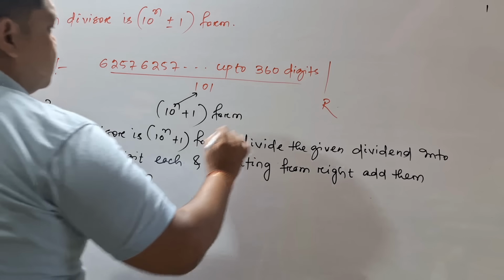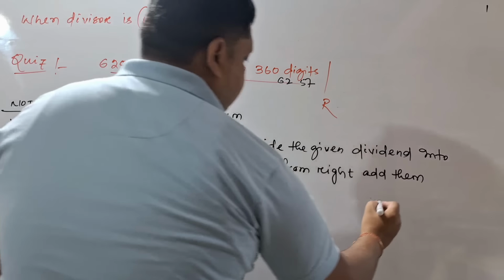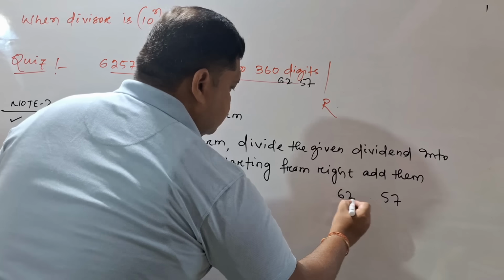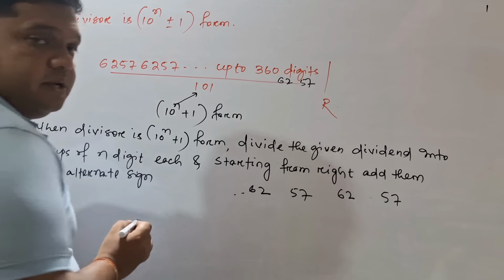So here the rightmost 2 digits are 57, then 62. So I will write the rightmost 2 digits 57, then 62, then 57, 62. In this way I have to continue.